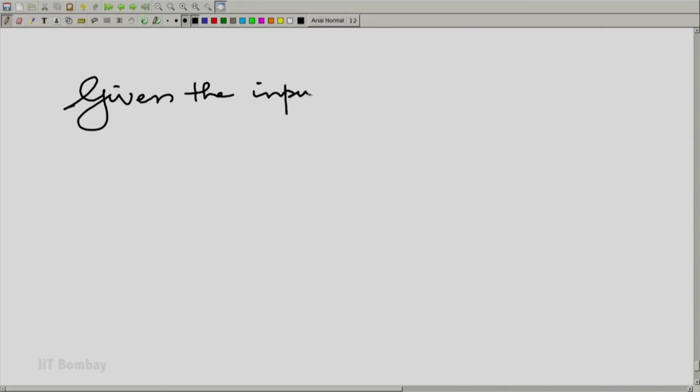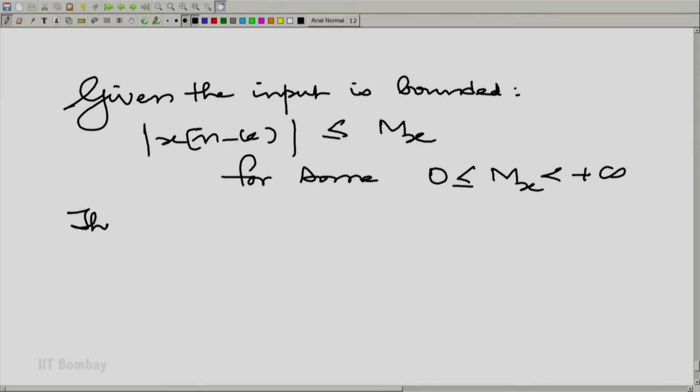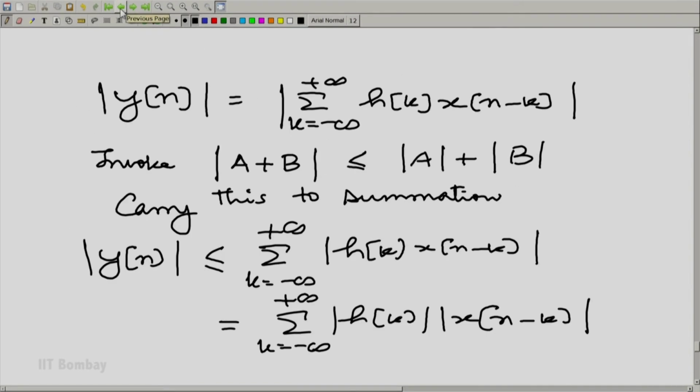and given the input is bounded, mod x[n minus k] is less than or equal to Mx for some Mx strictly less than plus infinity and greater than or equal to 0. Thus, in fact, let us go back to what we wrote previously, that will be easier.